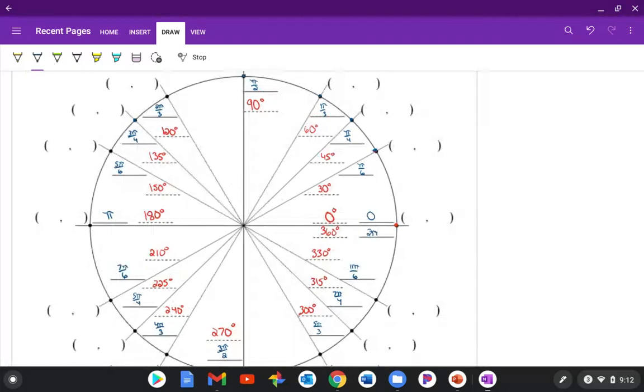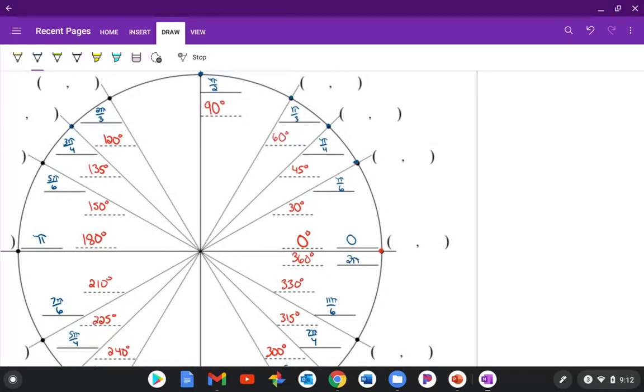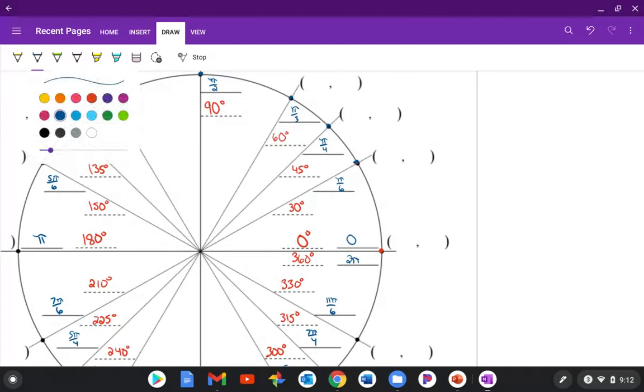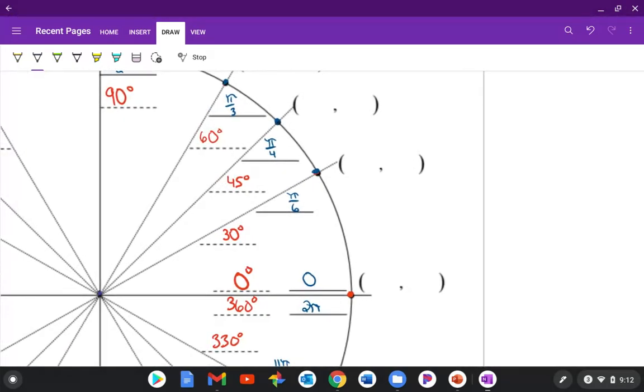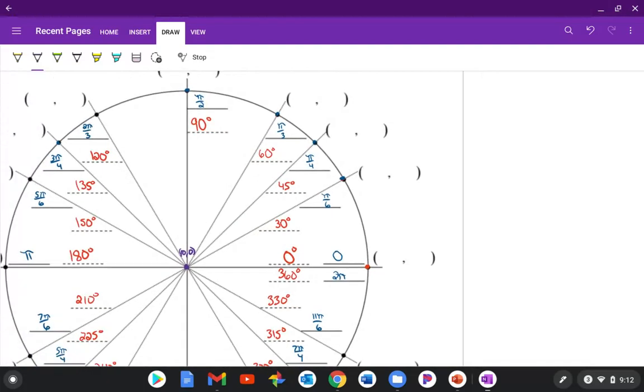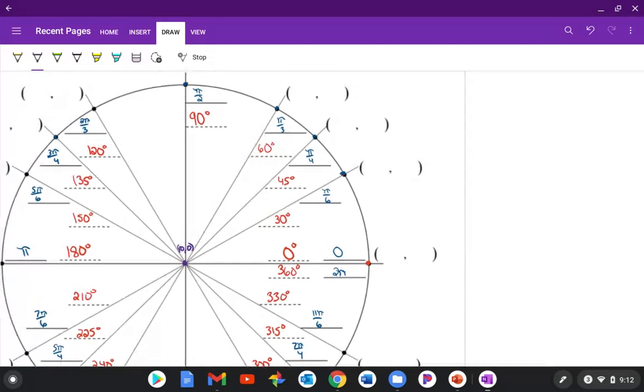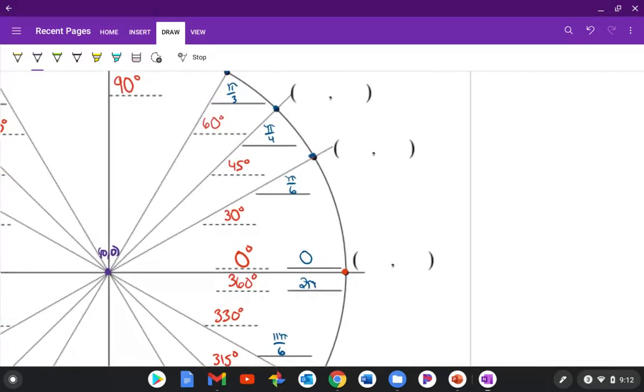All right, the next thing is going to be pretty important. This is going to be the coordinate pairs. So that's what's going to go out here. If you think of this as just being a circle, the middle of this circle is 0, 0. And if this has a radius of 1, think of the horizontal line here as the x-axis. So this coordinate pair out here would be 1 in the x and 0 in the y.